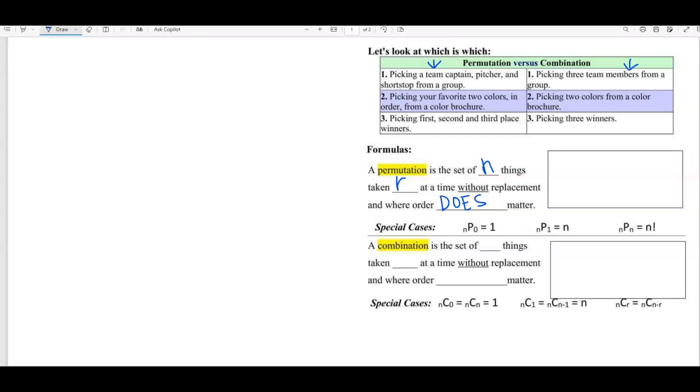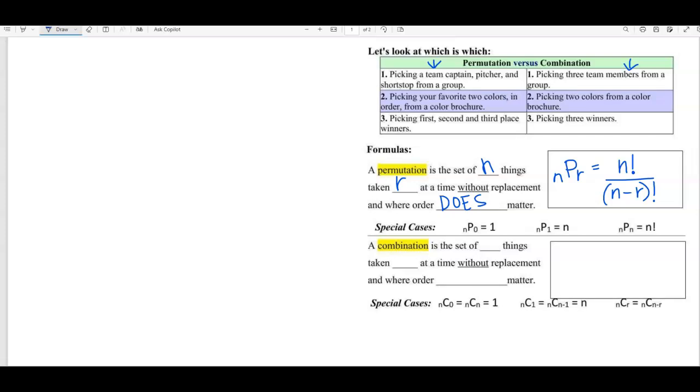This is the format: n as a subscript, then a capital P, then r as a subscript, equals n factorial over parentheses n minus r, close parentheses, factorial.